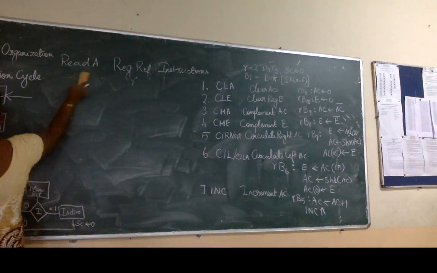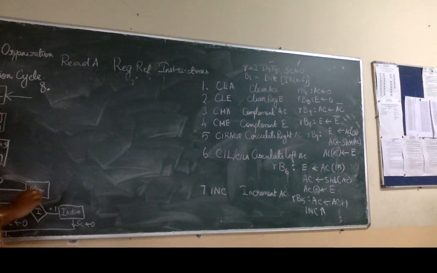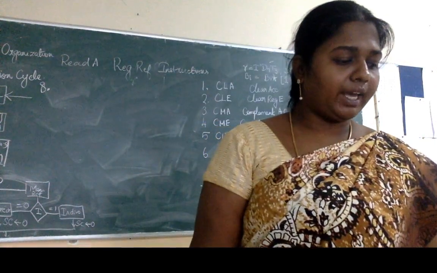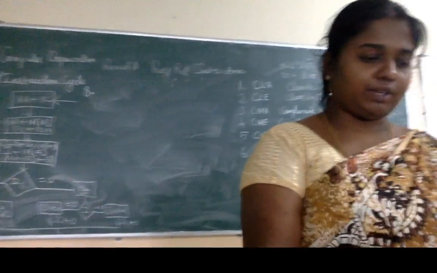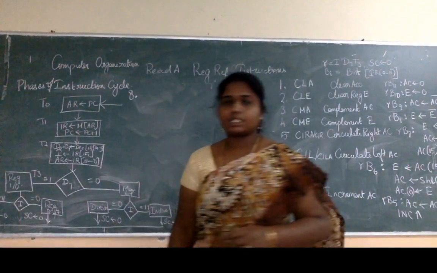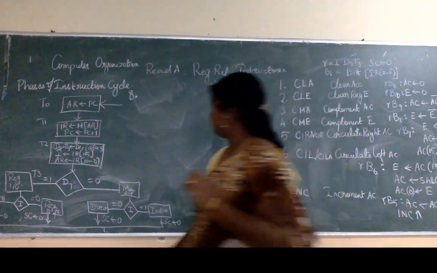The 8th instruction in the register reference category is the skip instruction. Now we are going to look at 4 different types of skip instruction. Let me write here. The first skip instruction is SPA.